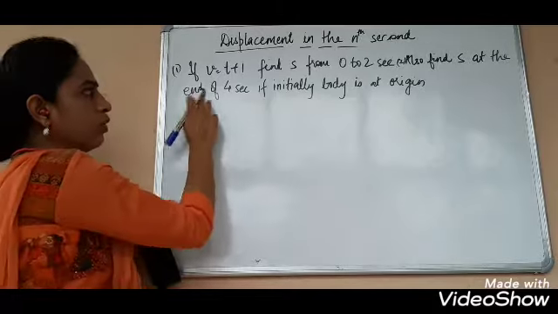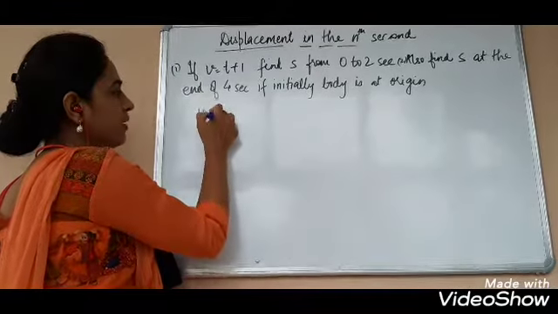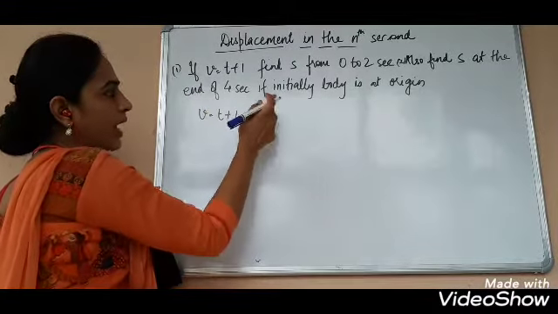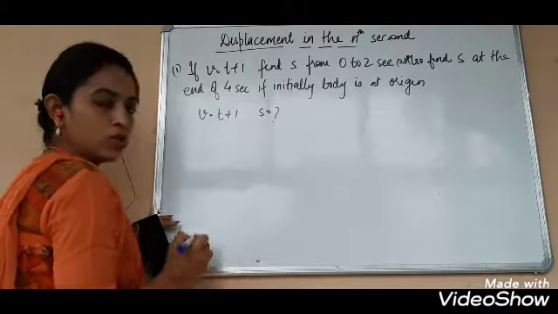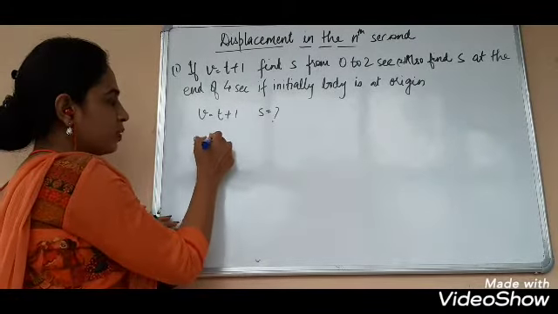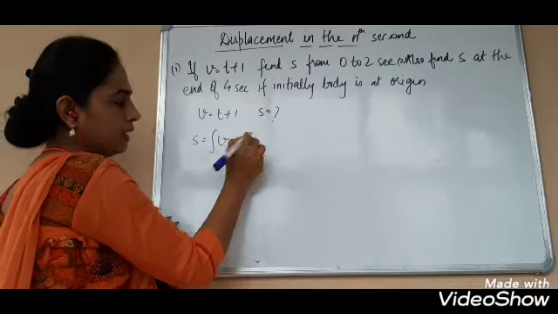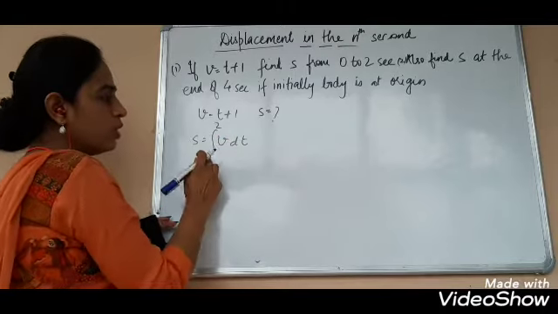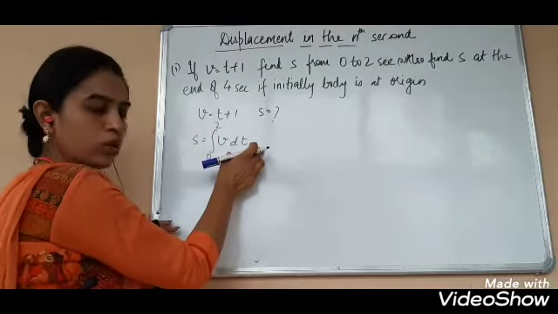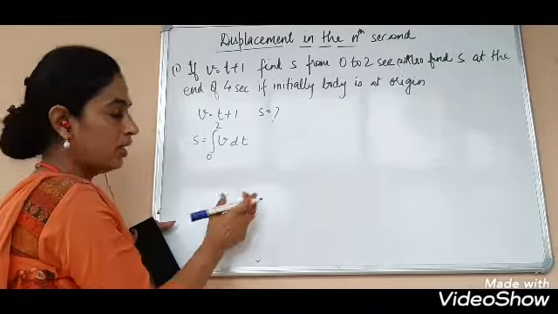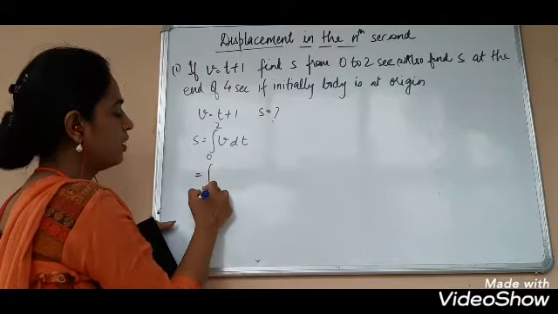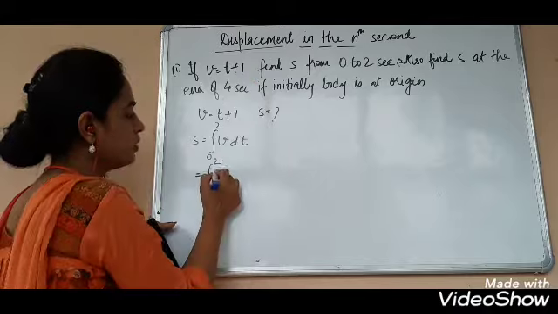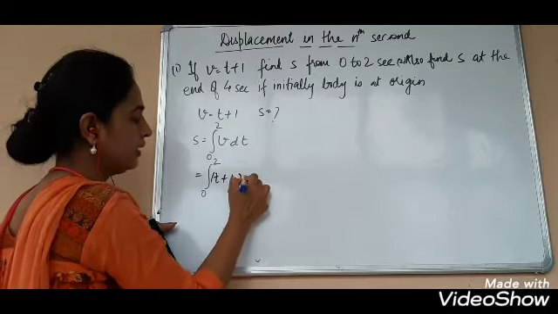Firstly, we have been given v equal to t plus 1, and we have to find s from 0 to 2 seconds. So we know s is equal to the integration of v dt from 0 to 2. Since the limits are given, this is a definite integration like I was telling you. So s will be the integration from 0 to 2 of t plus 1 dt.